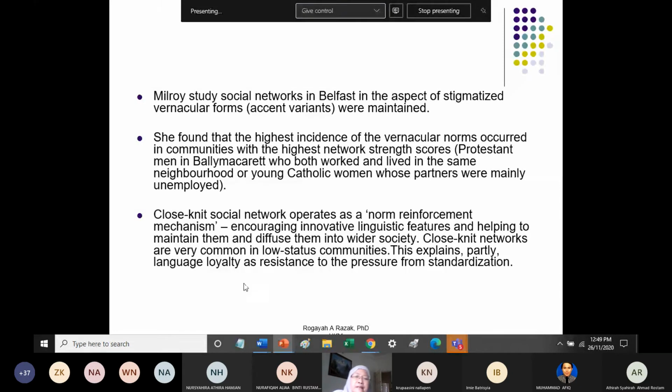But they found language loyalty to the dialect, the vernacular form. They tend to use the vernacular form over the standard form of the language. Okay. Yeah. So sometimes there is a resistance against the standard language and the dialect.